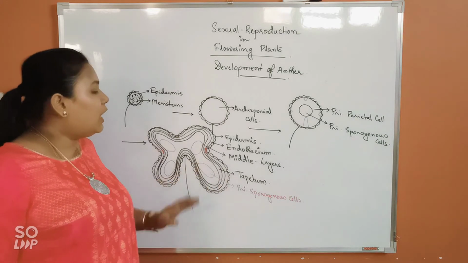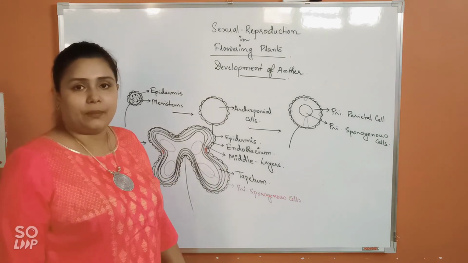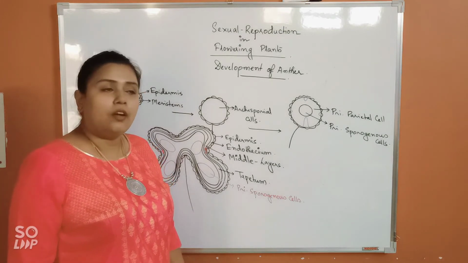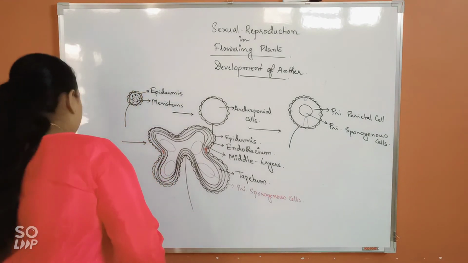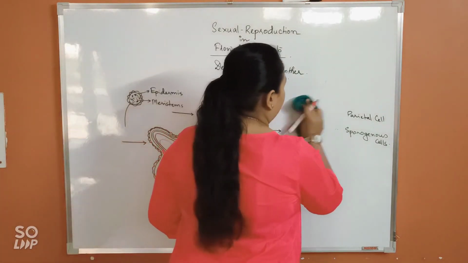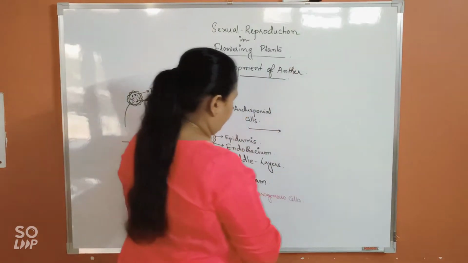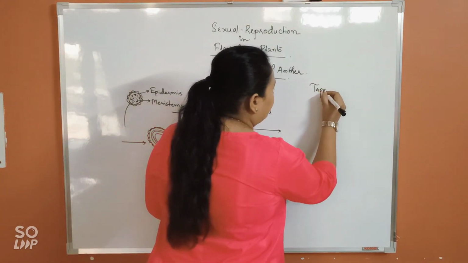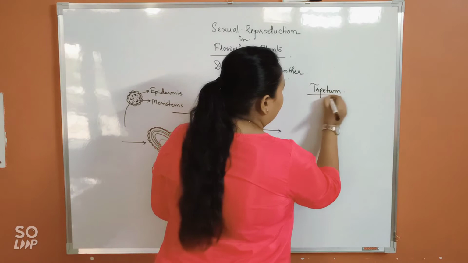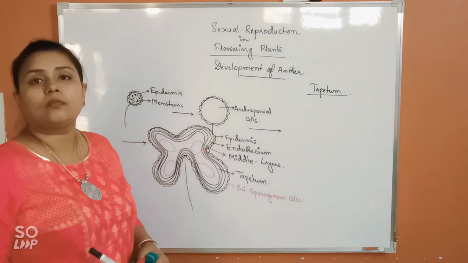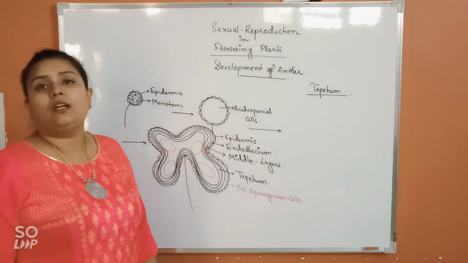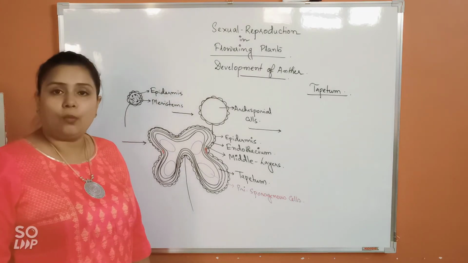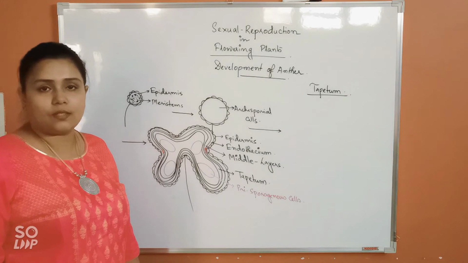Now, internal to the middle layers remains the tapetum. Now, regarding tapetum, there is a lot of things you must know. First, tapetum is a very important layer that has been formed by the primary parietal cells.